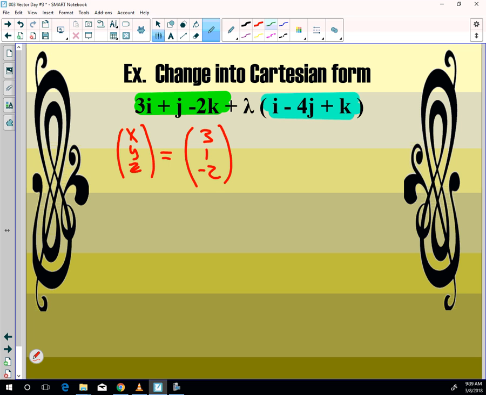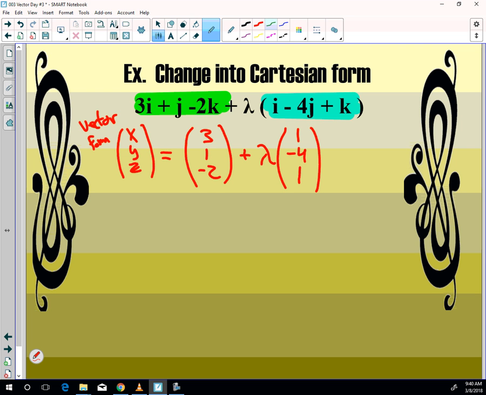Is that part okay? And then we're going to have lambda, and the direction vector that I'm stepping or moving will be 1, negative 4, 1. And that's what I like to call the vector form. All laid out. This is in the position form.